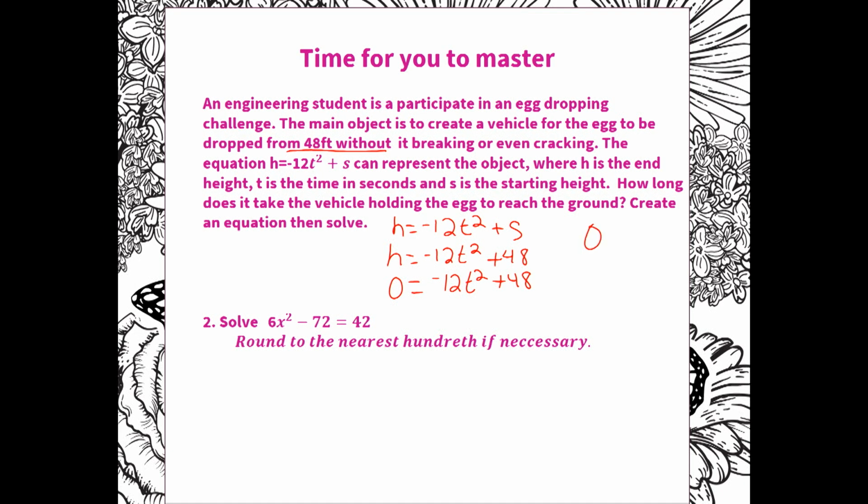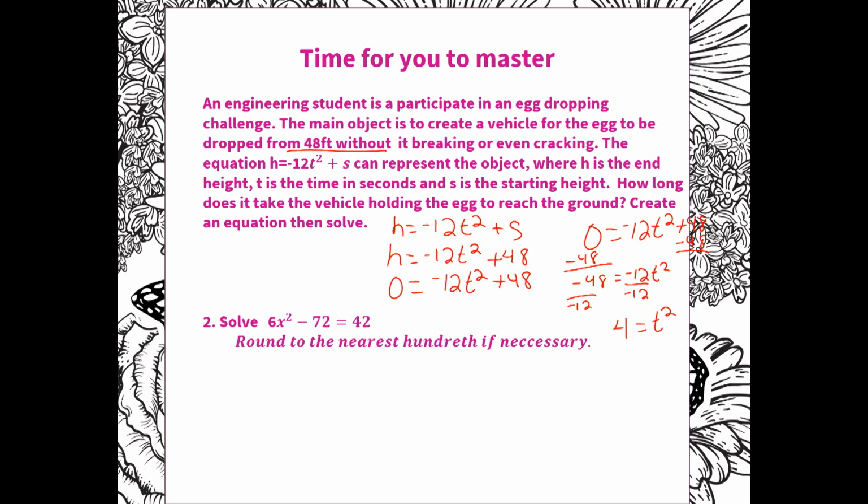So I've got 0 equals negative 12t squared plus 48. I'm subtracting 48 on both sides. Negative 48 equals negative 12t squared. Divide by that negative 12. Negative divided by negative is a positive. 48 divided by 12 is what? 4 equals t squared.